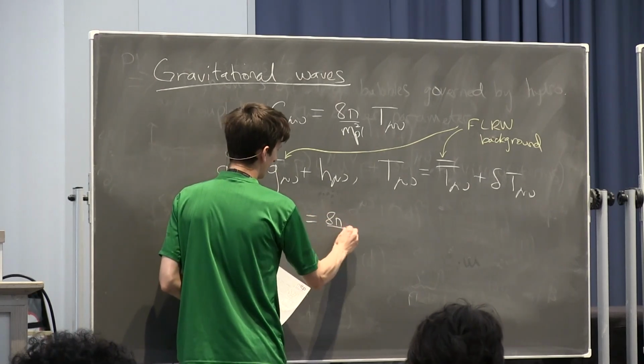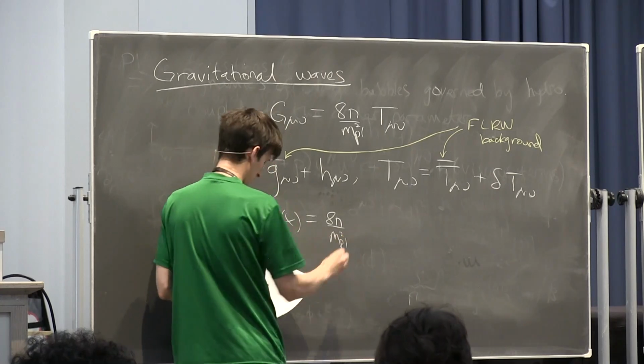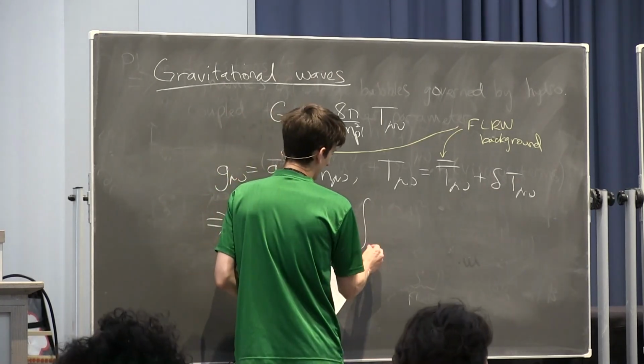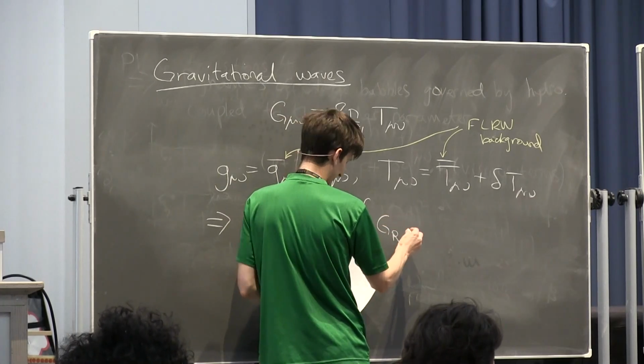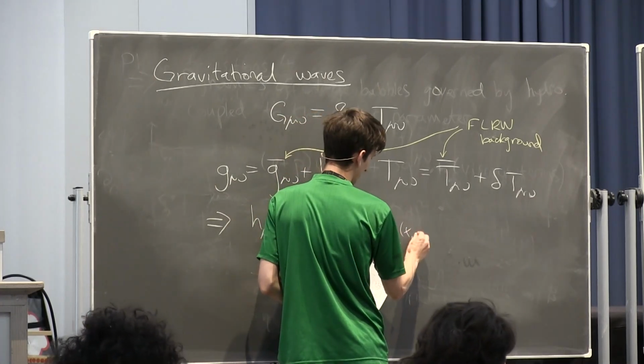So we're going to get this 8 pi over M Planck squared. Then we'll get an integral over our Green's function, which depends on x and y.